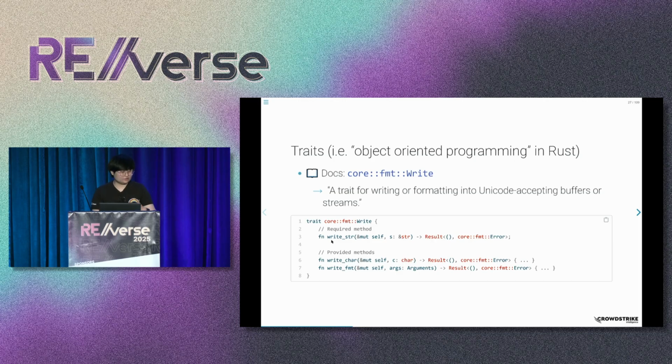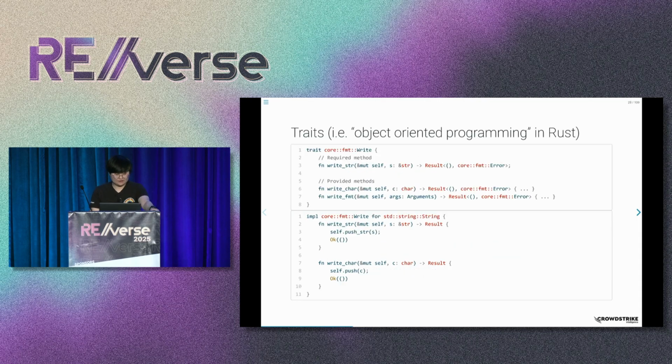So in order for your concrete type to implement this trait, there are some methods that you have to implement. So for example, this write str method is required for your type to conform to this trait, and all it does is append a string onto whatever your concrete type is, whether that's a buffer or a stream or what have you.